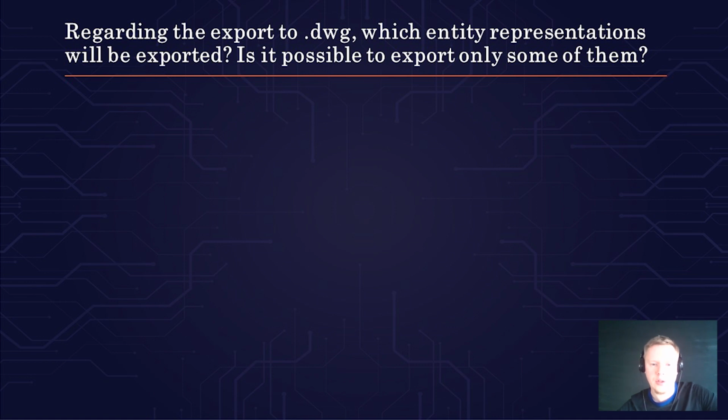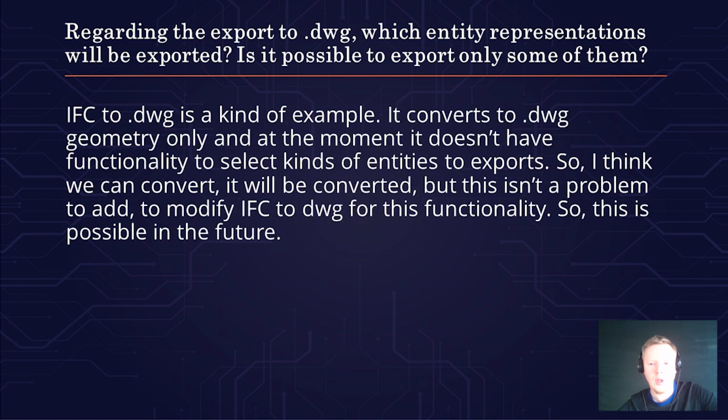The next question regarding export to DWG: which entity representations will be exported? Is it possible to export only some of them? IFC to DWG is a kind of example.